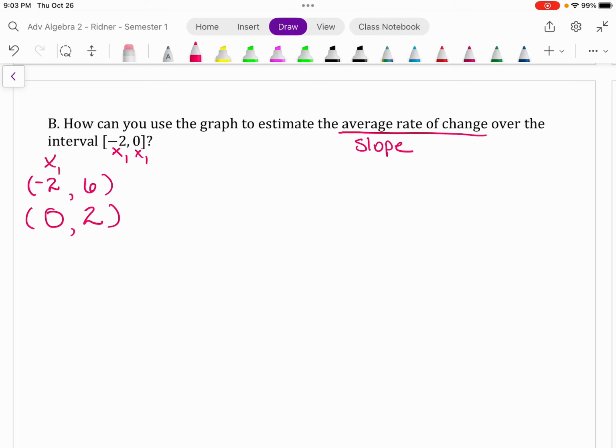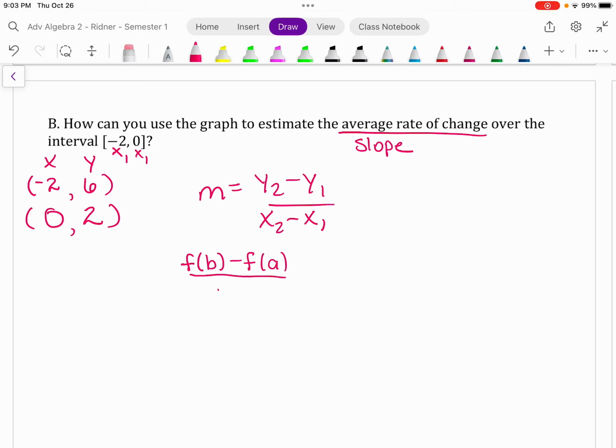So now I have the x values and the y values. So when I do slope formula, y2 minus y1 over x2 minus x1. If I want to write it the algebra 2 way, which is the fancy way, it would look like this.